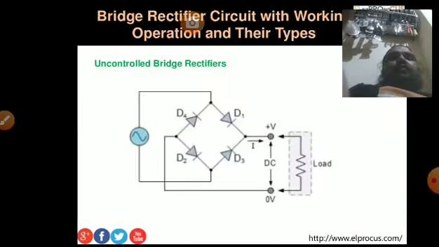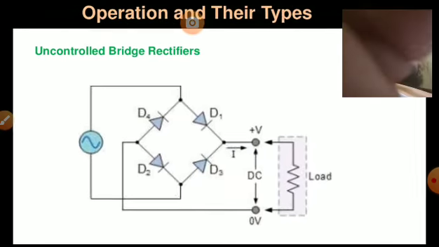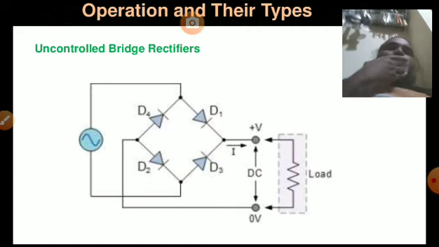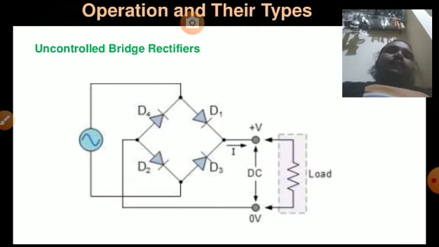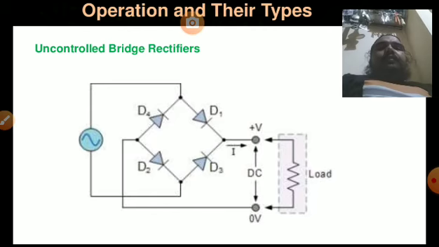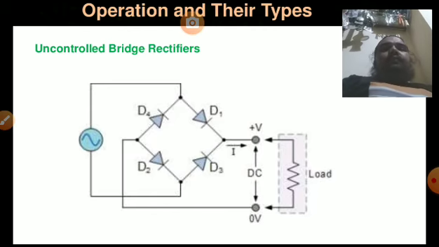Next diagram is the uncontrolled bridge rectifier. There are D1, D2, D3, D4 normal PN junction diodes connected in a bridge pattern, where D1 and D2 are connected in forward bias, and D3 and D4 are connected in reverse bias.